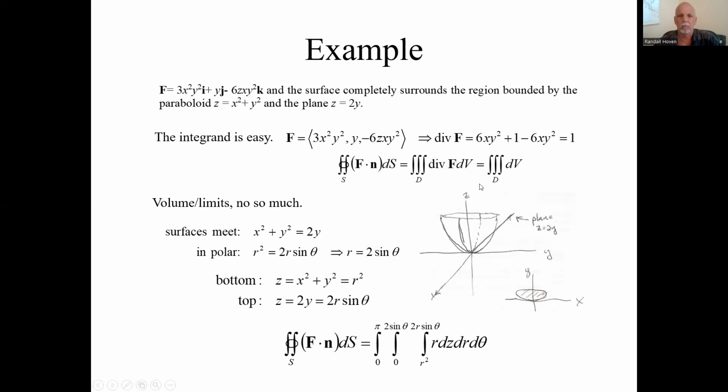Let's see. So our dV becomes just the dV for cylindrical coordinates, just the three variables with an extra r.